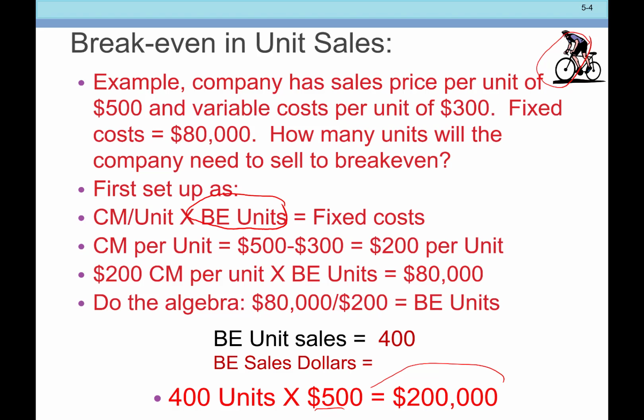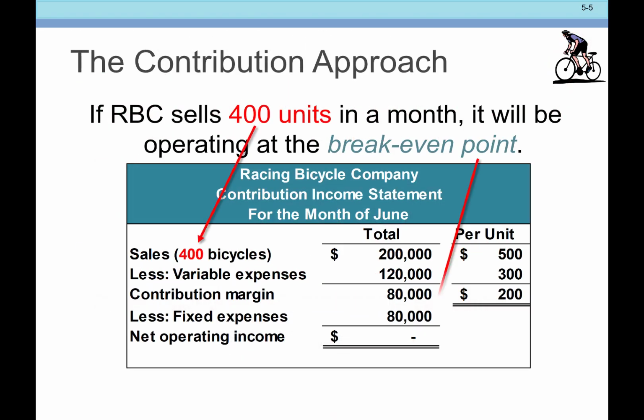Okay. Now, when you look at this contribution format income statement, and we kind of are proving what we just figured out a minute ago, notice that it sets things up so you can see what is my sales price, which is just like a regular income statement, but then we start taking off what? Variable costs, and they told us it was $300 per bike.